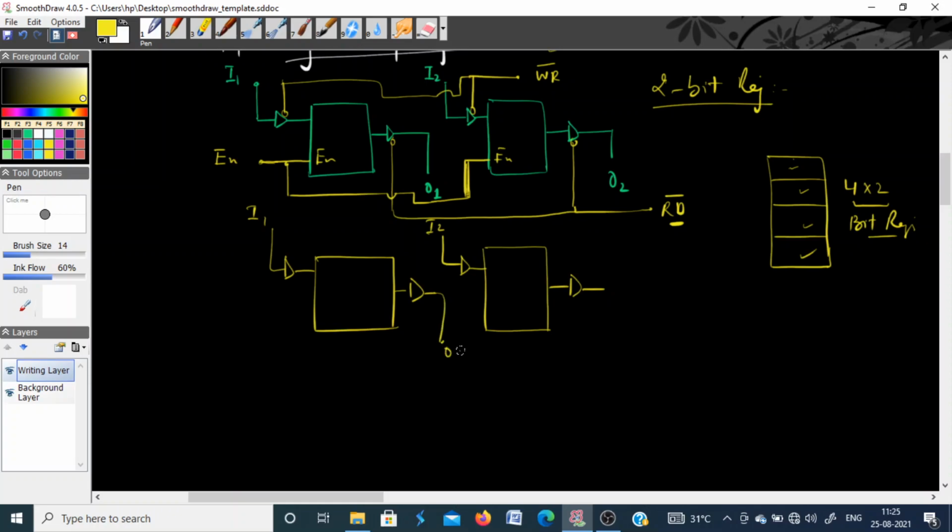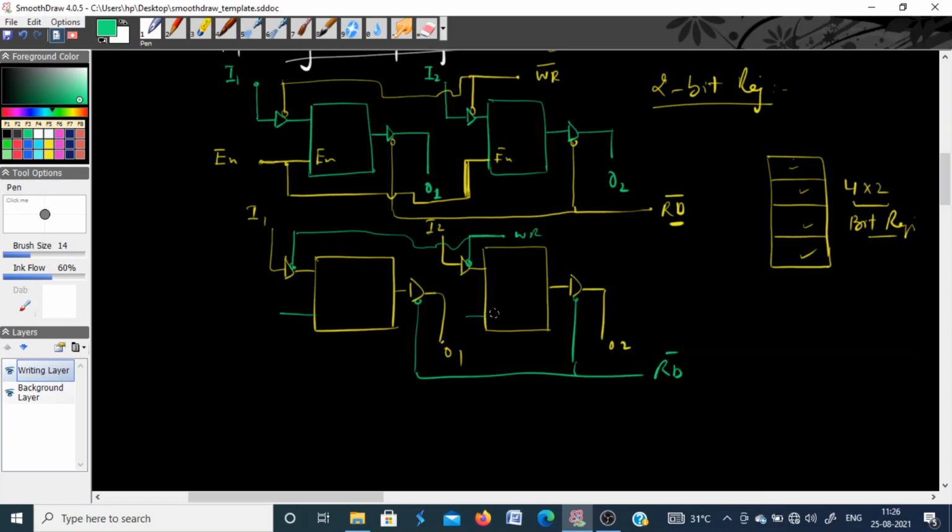So this is output 1, this is output 2. So you have again here this tri-state buffer which is connected to your write pin, and the output buffers are enabled by using the read signal.